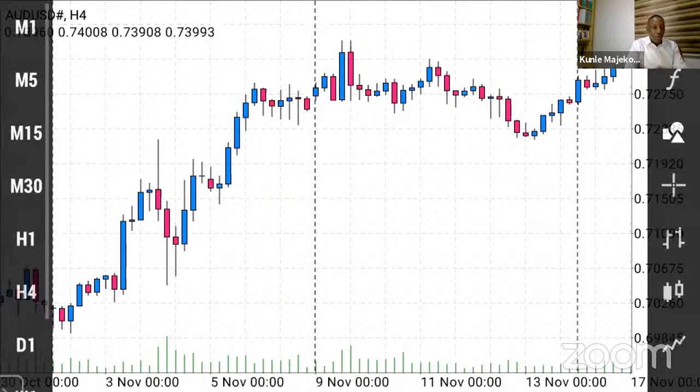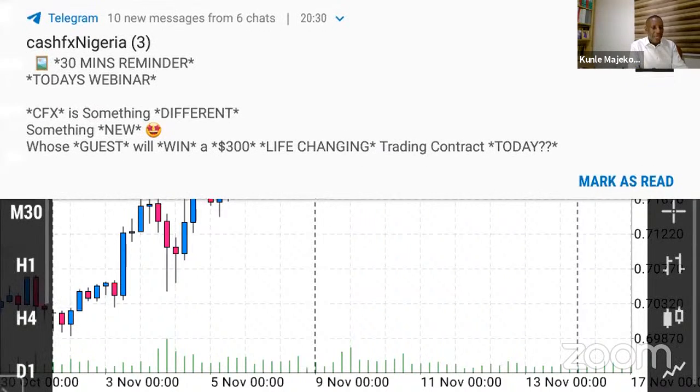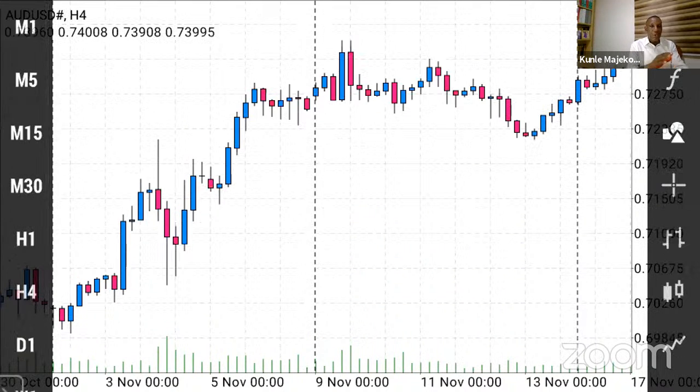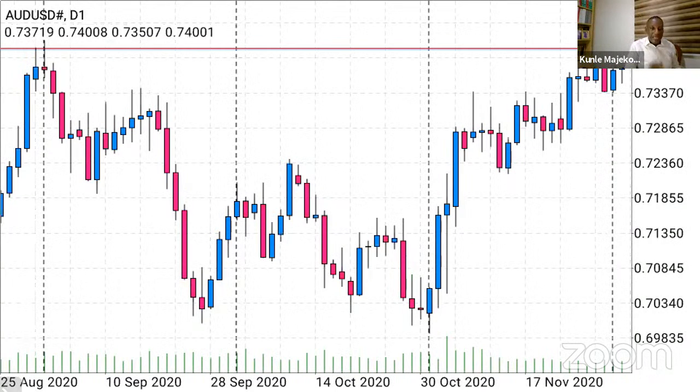Now, I can change this to any time frame. If you look at the right side here, you see M1, M5, that is 1 minute, 5 minutes, 15 minutes, 30 minutes. H1 is 1 hour, H4 is 4 hours, and D1 is a day, that is daily. If I click daily, what it means is that the candle showing right now is a whole day.